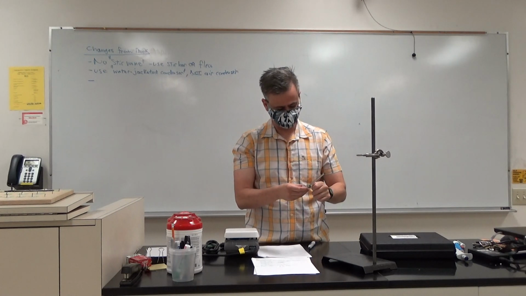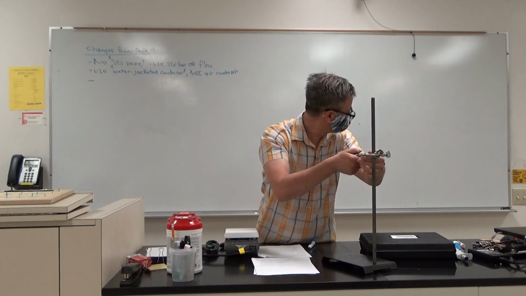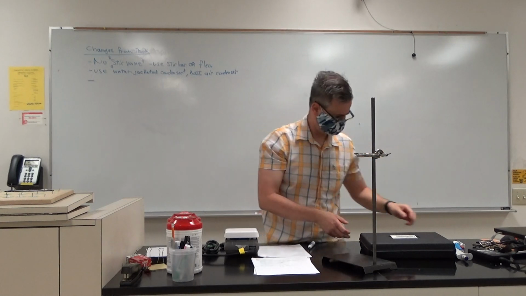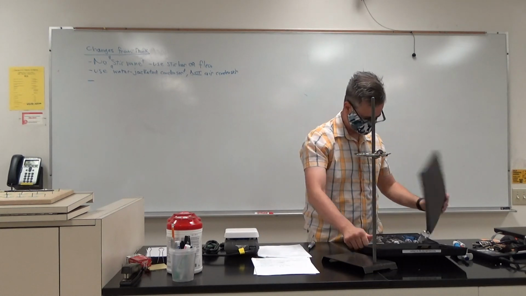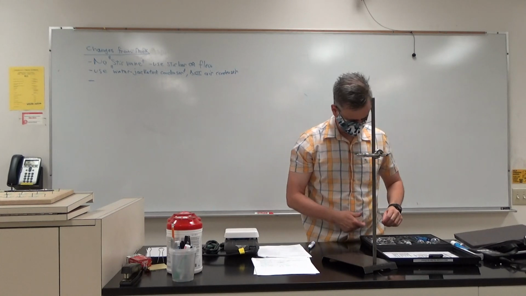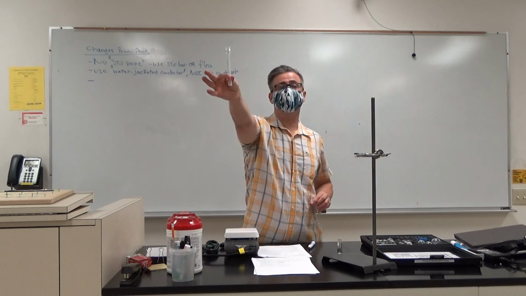These are our clamps. I don't like to use those other clamps. I've got to get them to stop putting them out. They're kind of junky. That's the air condenser.